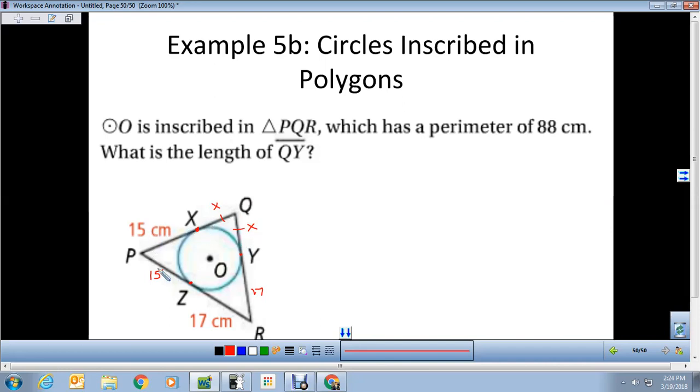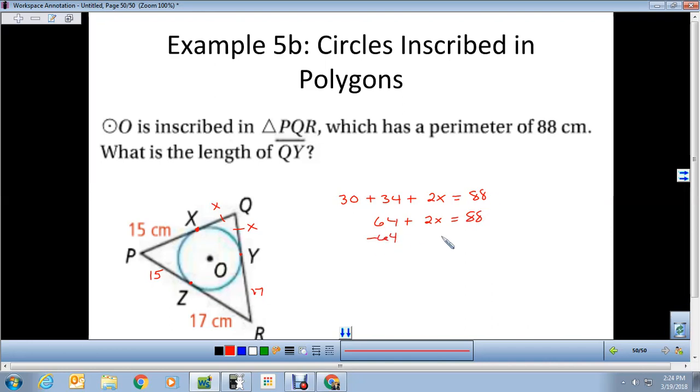So now I have 15 plus 15, which is going to give me 30. Then I take 17 and 17, which is going to give me 34. And then I have x plus x, which gives me 2x, which is equal to my perimeter of 88. So now I add these two together, which gives us 64 plus 2x, which is equal to 88.